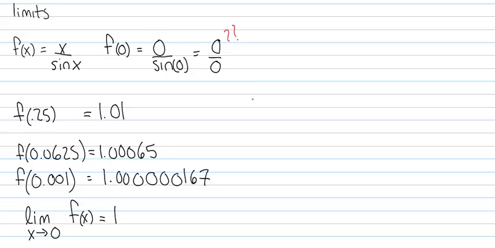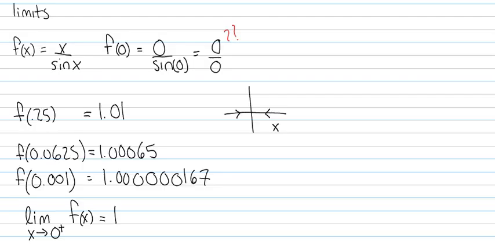We've only considered the case of x approaching 0 from the positive side of the x-axis. So what we have to do now, in order to say that the limit of f of x as x approaches 0 is truly 1, is to look at the negative side of the x-axis as well.